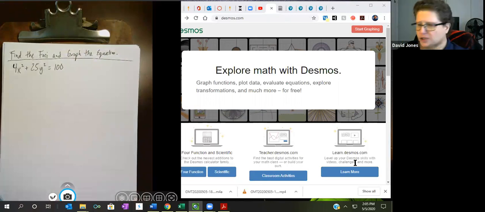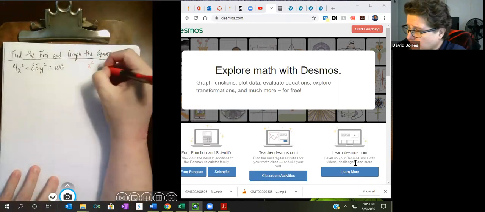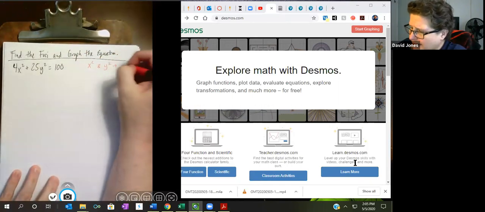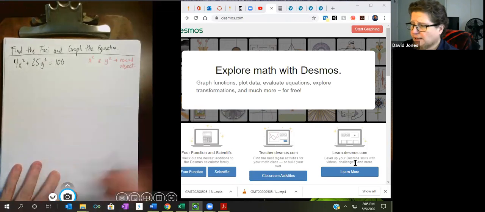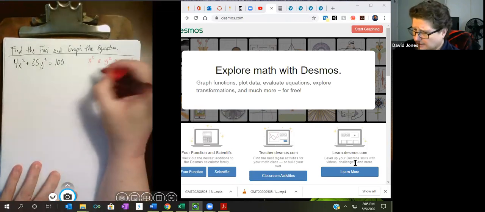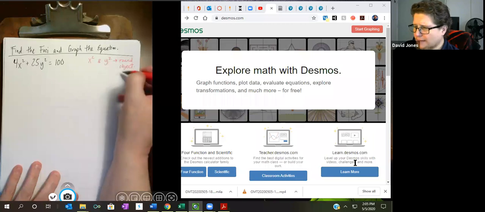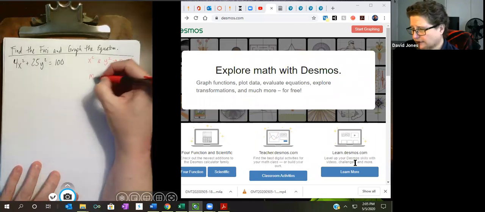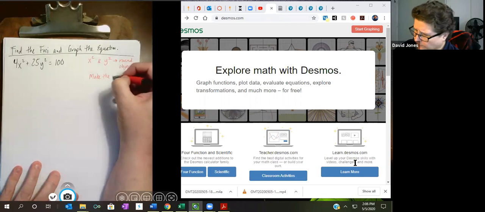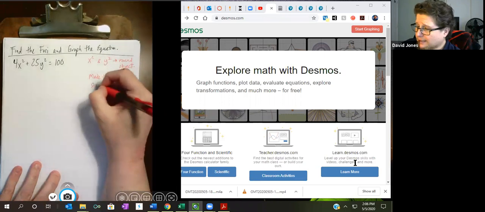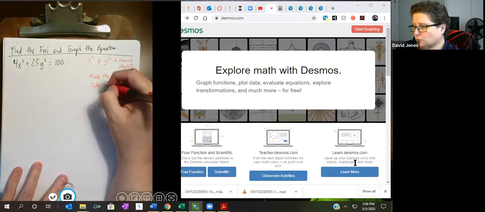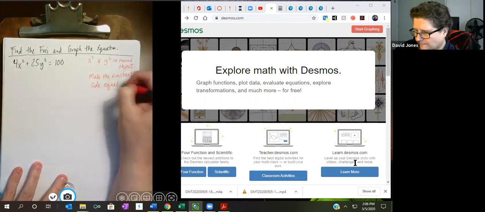When you see an x squared and a y squared, that indicates a round object. Maybe a circle, maybe an ellipse. In either case, it doesn't hurt to make the right side equal 1. The constant side, let me say that. If you have all the variables on the right, it doesn't make sense to make that equal 1. Make the constant side equal 1 by division.